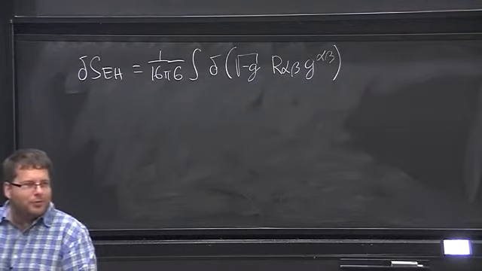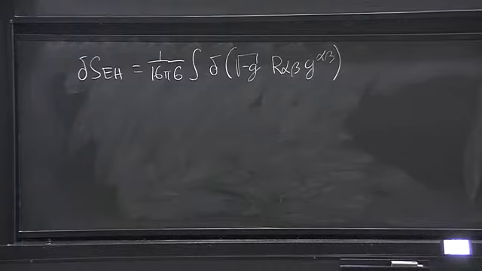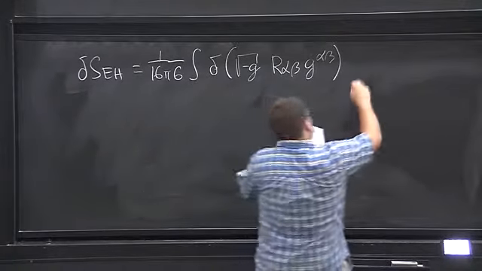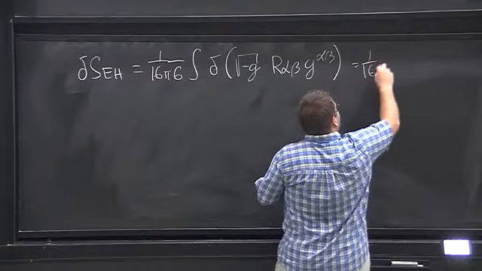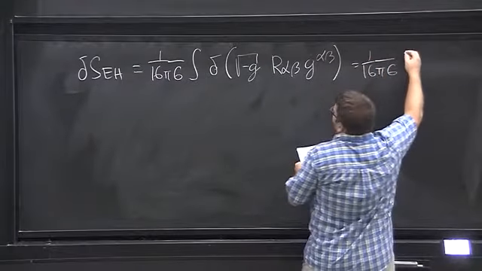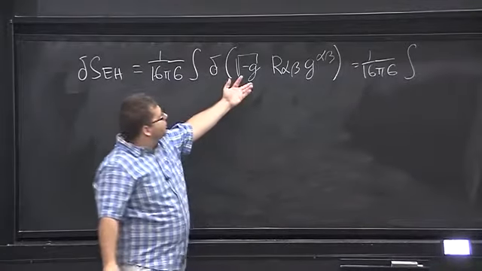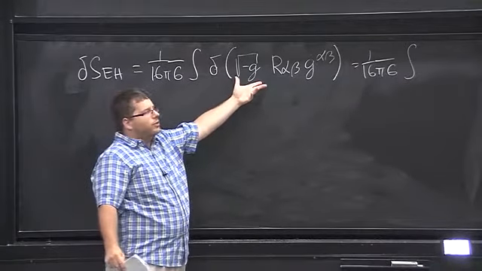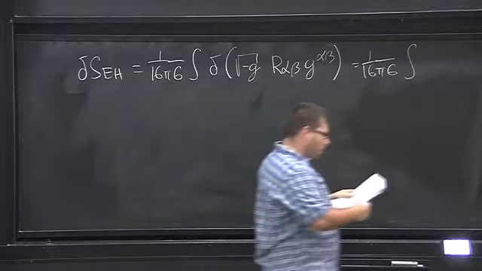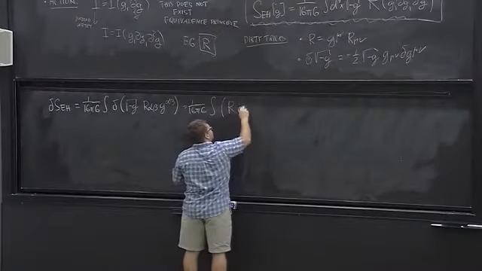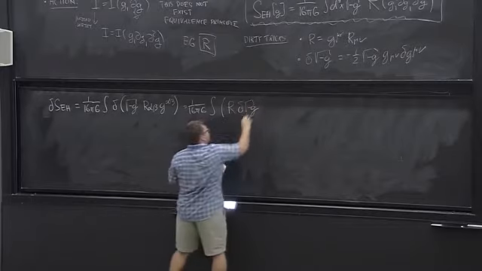So we have three terms which depend on the metric. This is 1/16 pi G and an integral. The first term is R times delta square root of minus g.